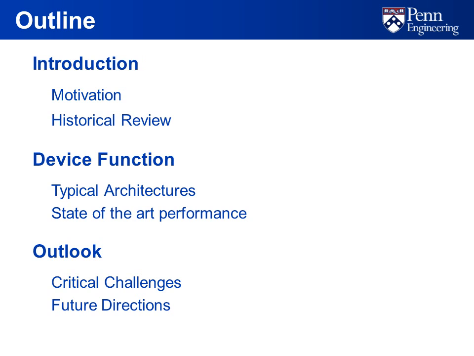Then I will talk about two typical architectures of silicon quantum dots and show you some state-of-the-art device performance. Lastly, as the outlook for this topic, I want to point out a few critical challenges and discuss future directions.